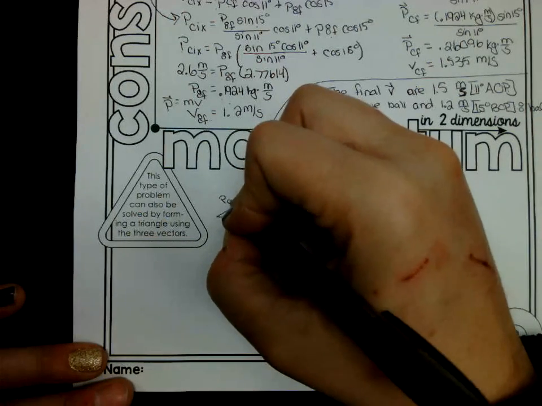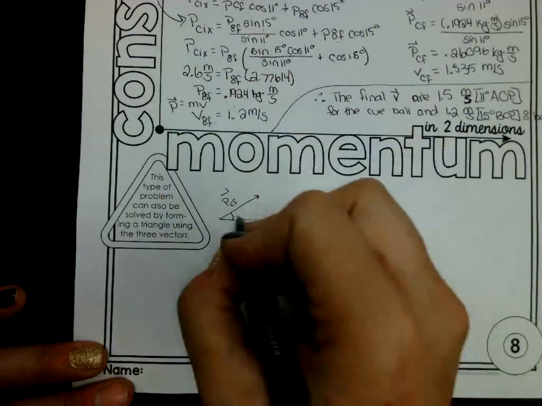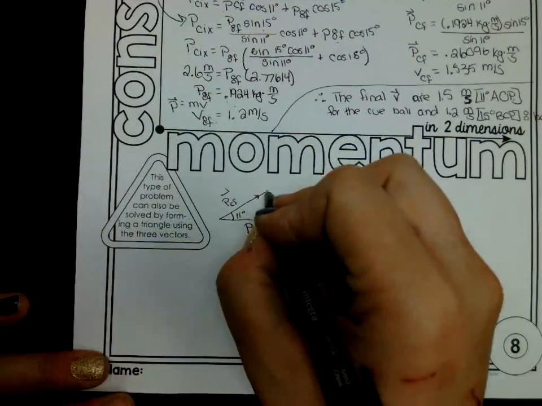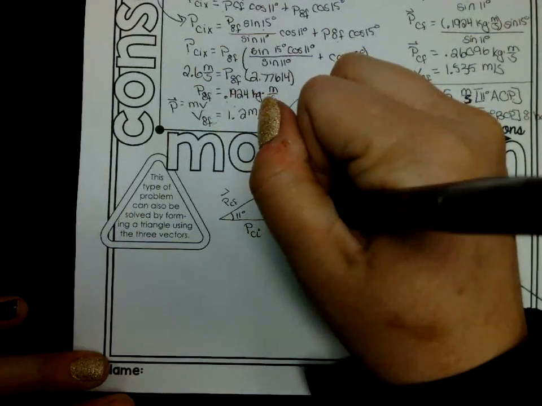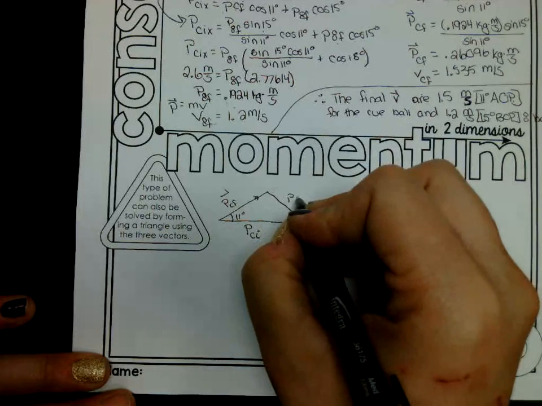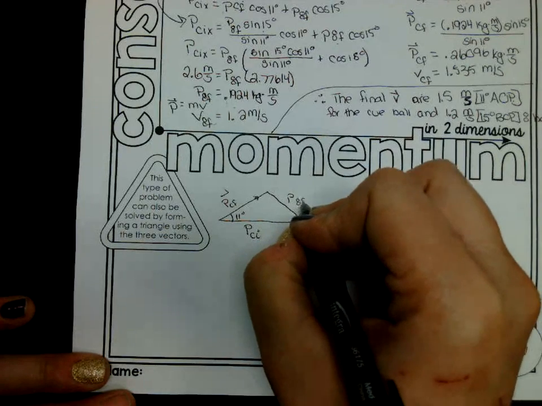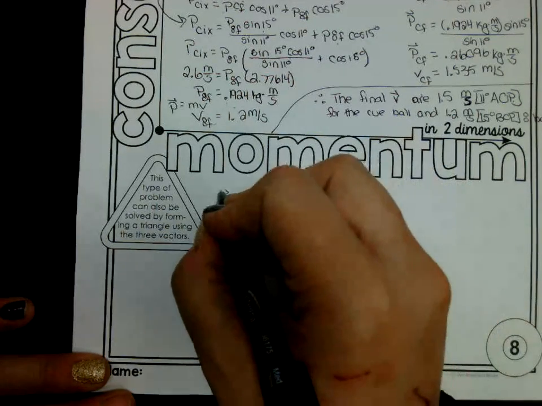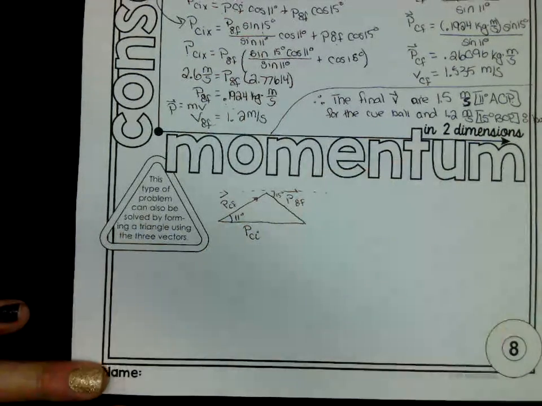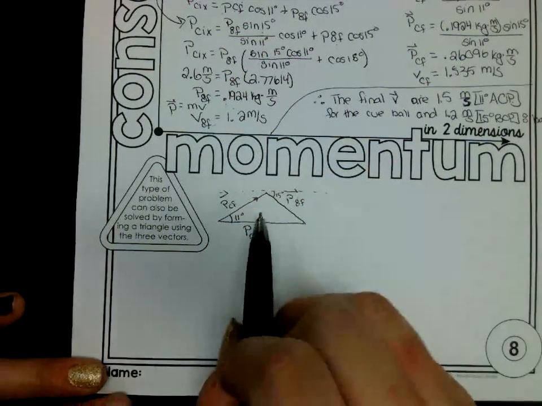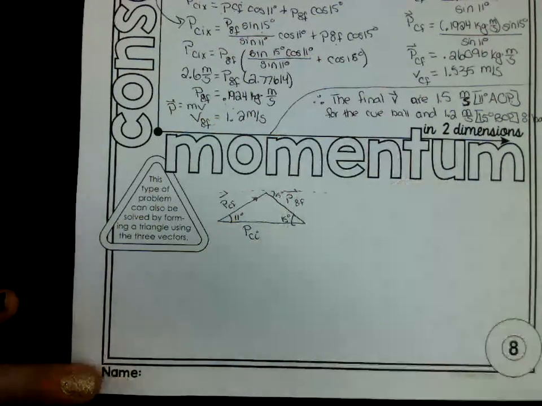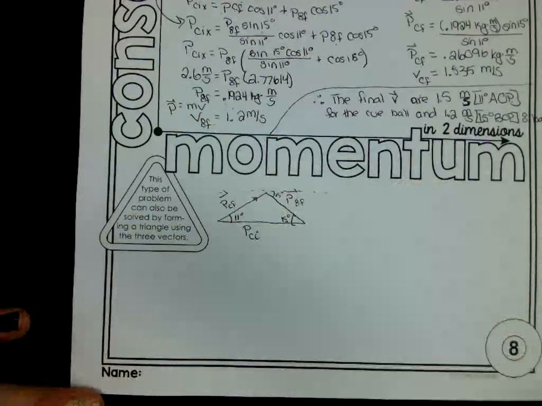We have the momentum of the cue ball final, and that's 11 degrees. We have the momentum of the 8-ball final. That's 15 degrees here. Because of our angle laws, this is 15 degrees as well.